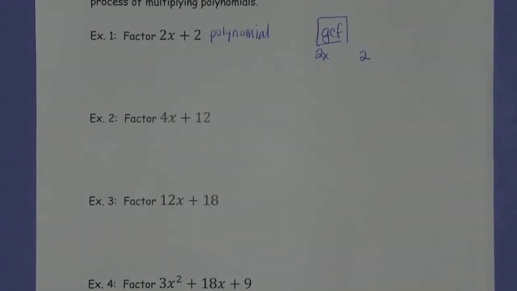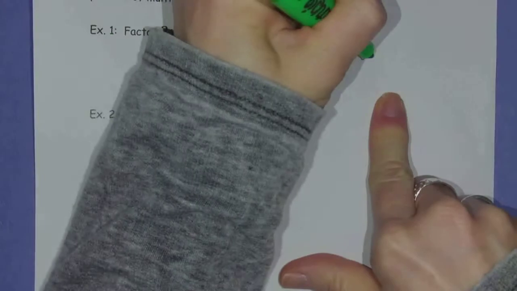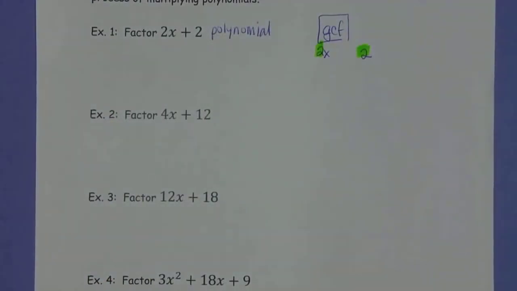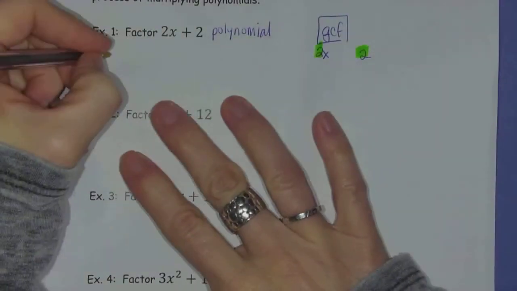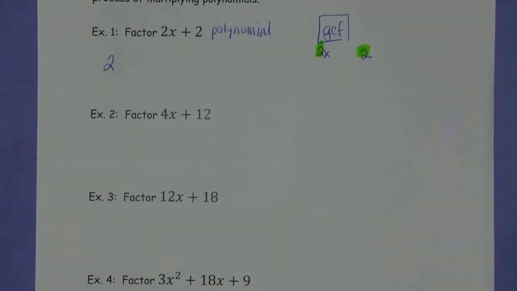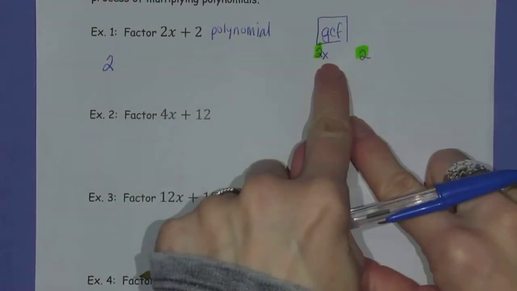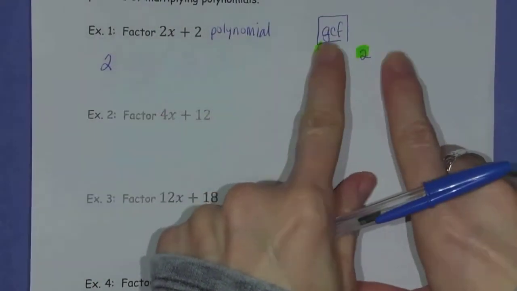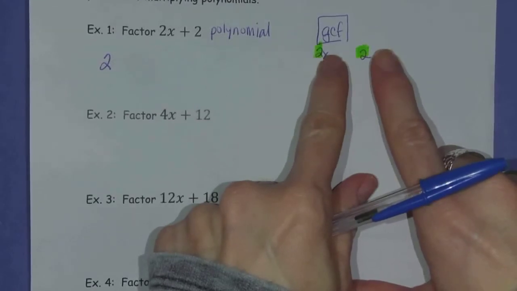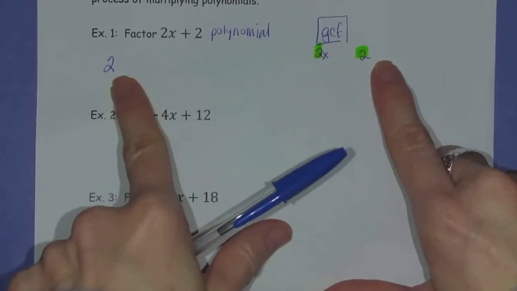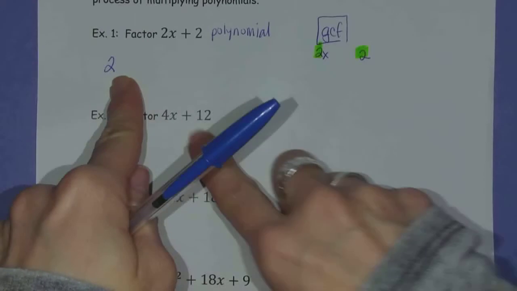So that's done. They have a 2 in common, so 2 is part of my GCF. Now I look at the x. This term has an x, this one does not. So they have no x in common, so I cannot include that in my GCF.